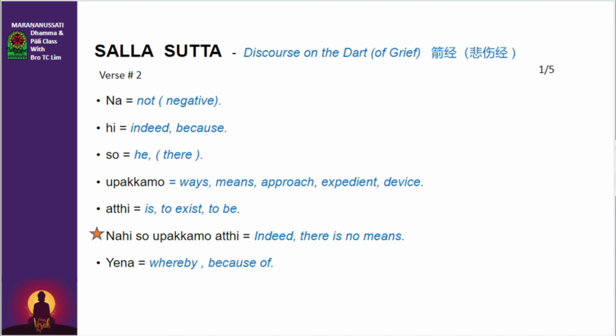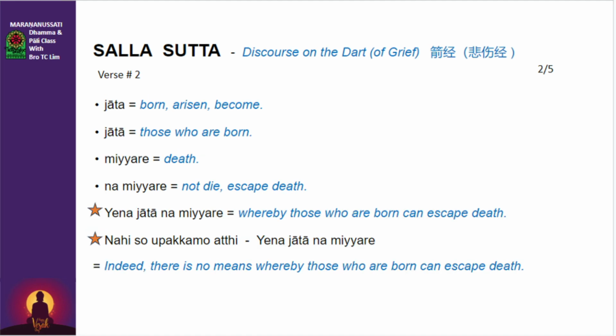That's what it means. Then we have the word yena, whereby or because of, a reason. Then we have jata, those who are born, miyare, die, na miyare, not die or escape death. Not die means escape death. So yena jata na miyare means whereby those who are born can escape death.